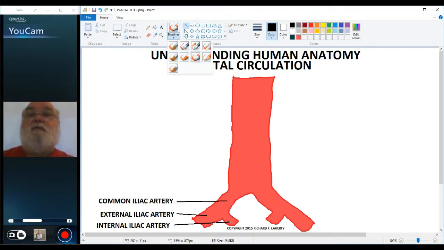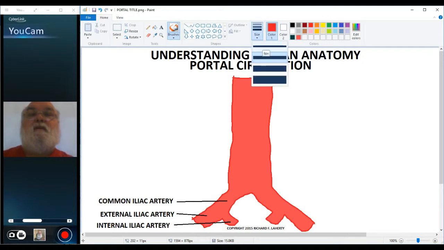Now, we need to draw in the branches of the abdominal aorta. And the abdominal aorta has several paired segmental artery branches.